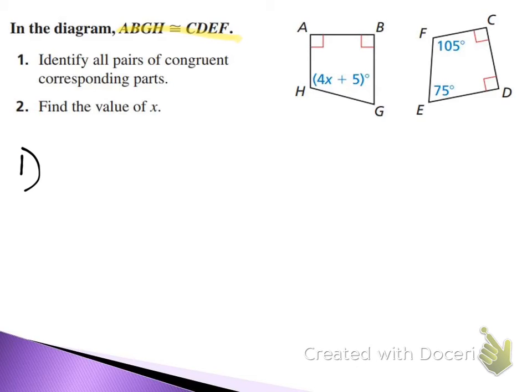I don't love grading this because it's a lot. It says identify all pairs of congruent corresponding parts. So here's what it's asking for: all congruent angles and all congruent sides. I would write that in so that you answer the questions correctly whenever you see them. So it wants all congruent angles and all congruent sides.